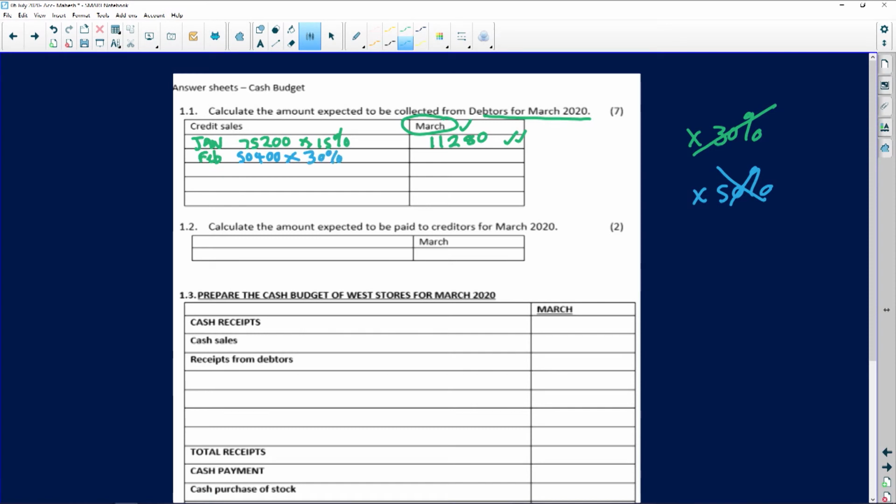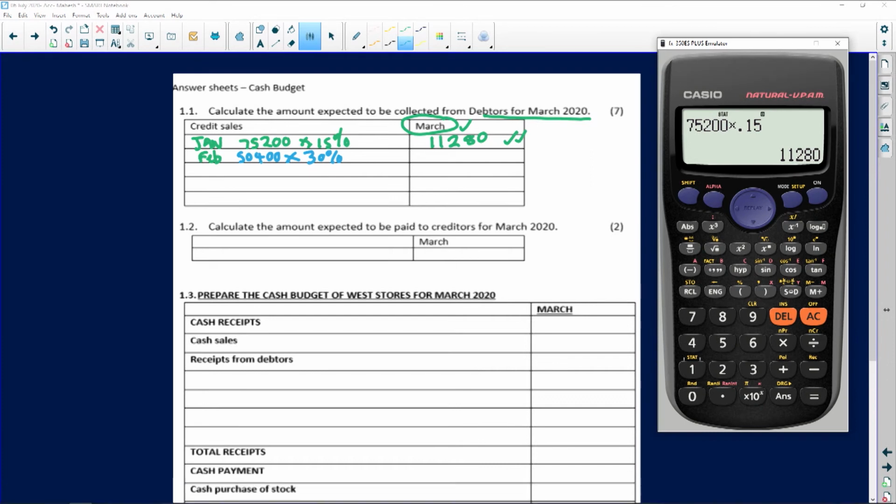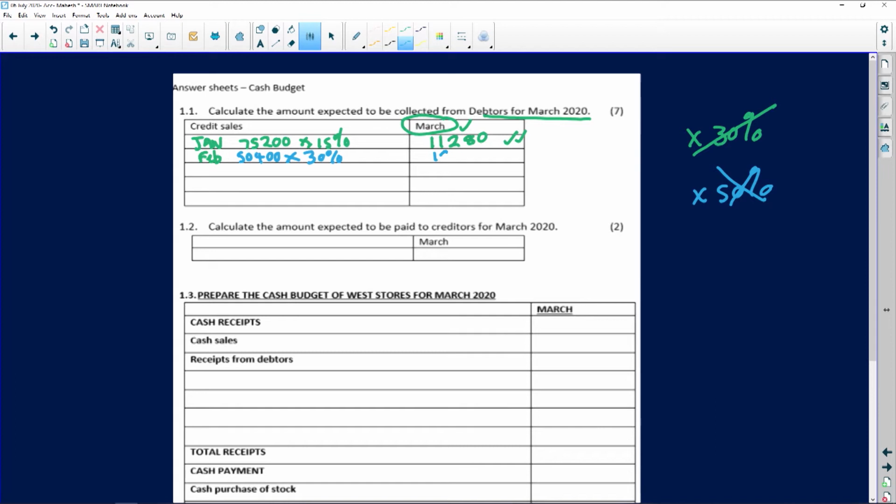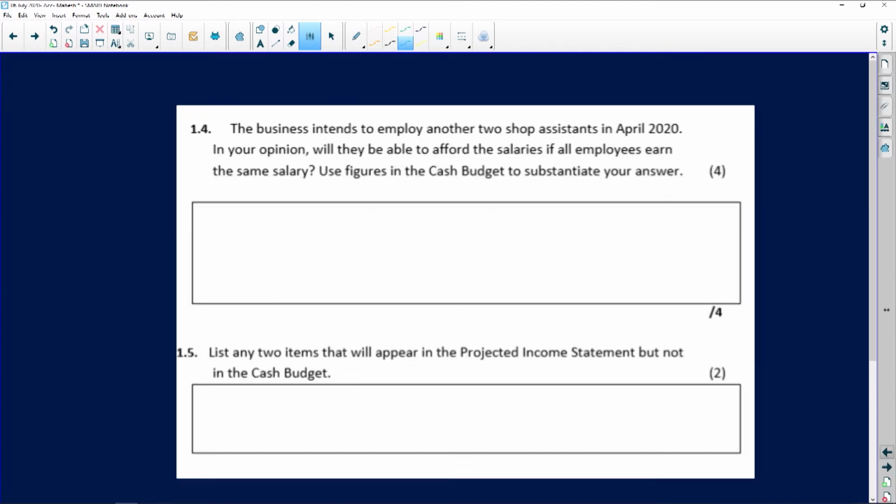And in March, I'm expecting to receive, so you guys work with me as well, 50,400 times 30%, and I'm expecting to receive an amount of 15,120. So let's fill that in, 15,120.